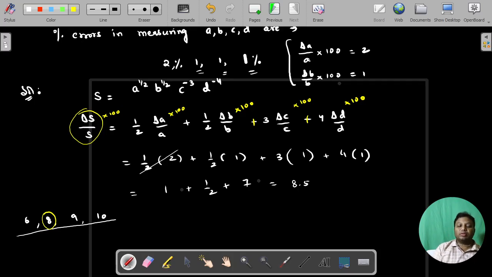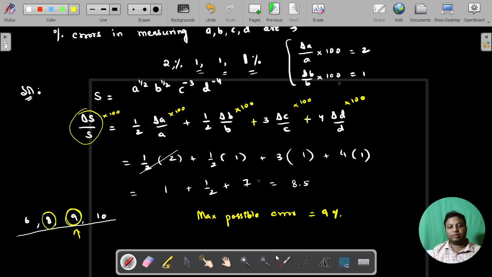While specifying, we should always specify the maximum possible error. If you tell 9, error can never cross 9. The maximum possible error should be specified. Among the options, the best thing we can choose is 9%.